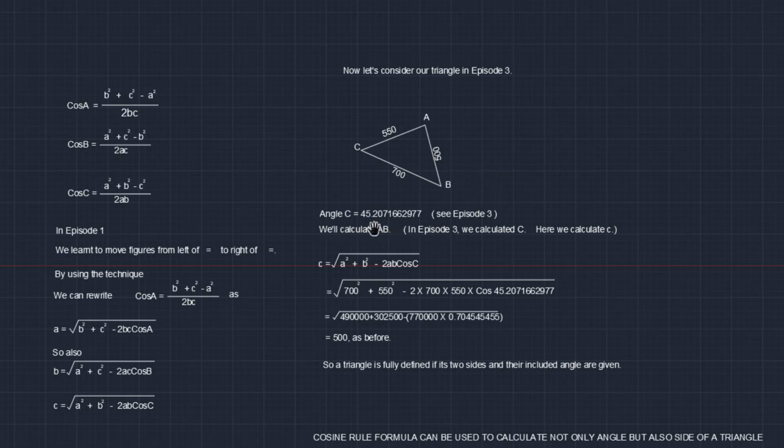Angle C is equal to 45.2071662977. We arrived at this figure in episode number 3. Now we'll calculate AB. We know this angle, so we calculate this side opposite angle C.